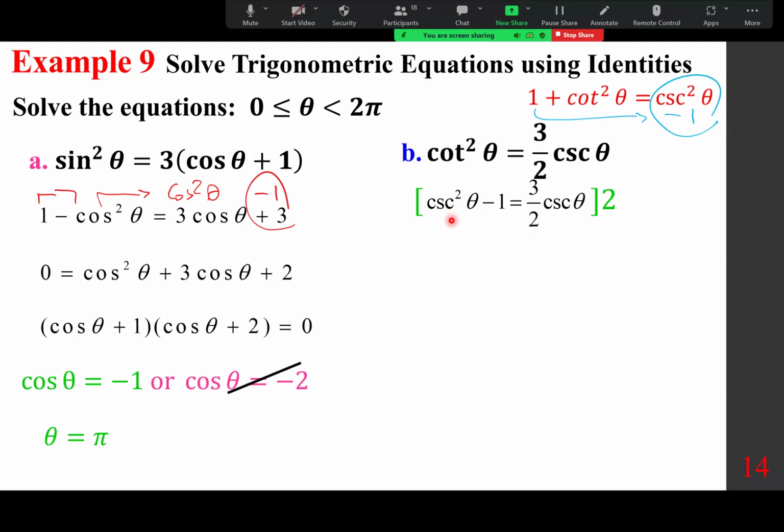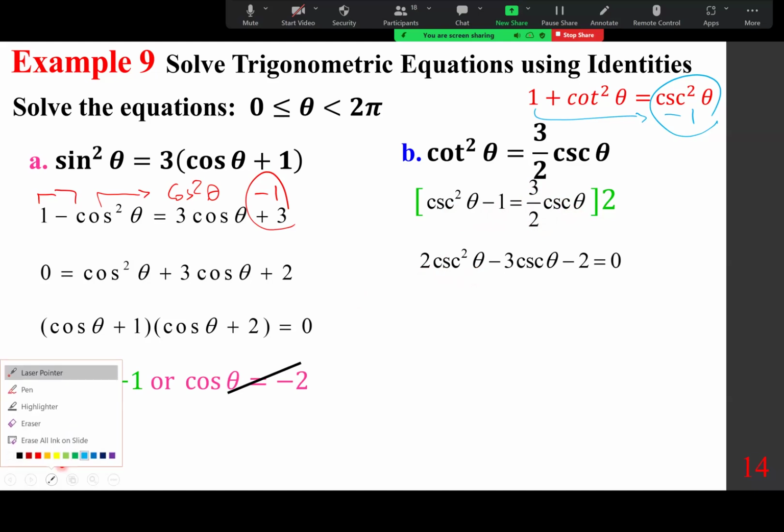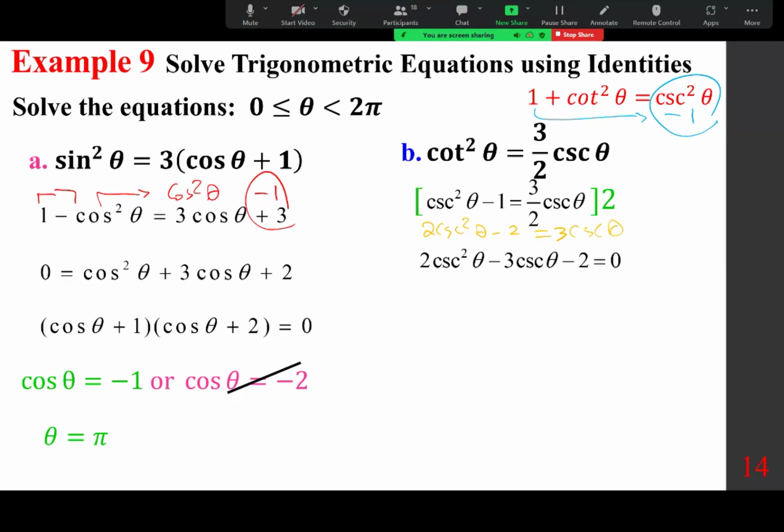This becomes 2 cosecant squared. This becomes minus 2. This becomes positive 3 cosecant theta. This one we move and it becomes negative. Maybe I write the previous step. So we have 2 cosecant squared theta minus 2 equals 3 cosecant theta, and this moves.